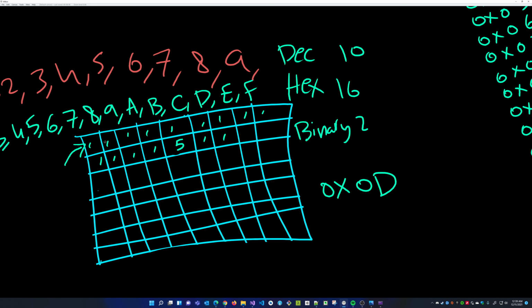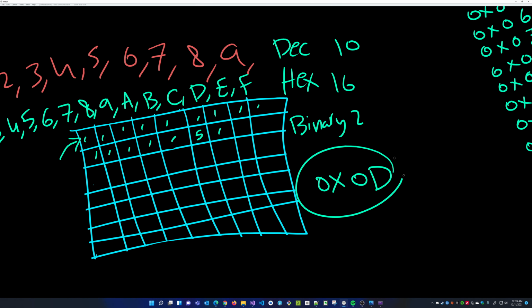So again, 0, 1, 2, 3, 4, 5, 6, 7, 8, 9, A, B, C. D was over here, I messed up. 0D is over here, right? So the address 0D has the value 5.